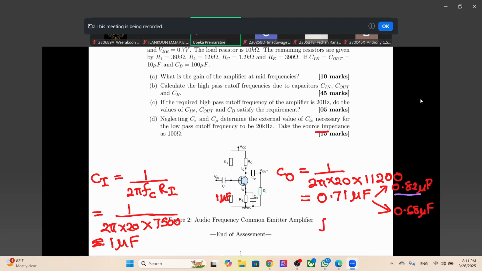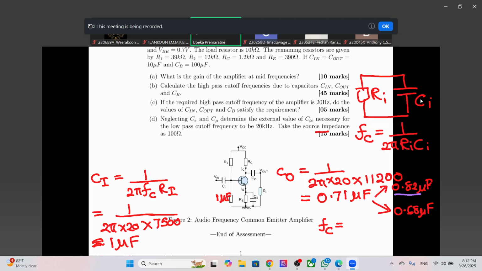Before, the cutoff frequency for a given relaxation circuit, with C as CI and R as RI. For a given relaxation circuit, the cutoff frequency FC is given by 1 over 2 pi RI CI, right?